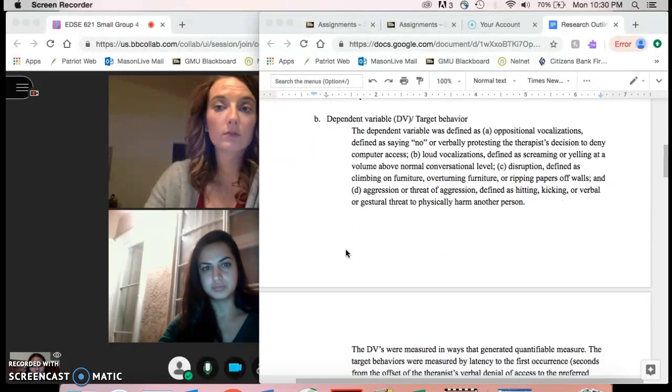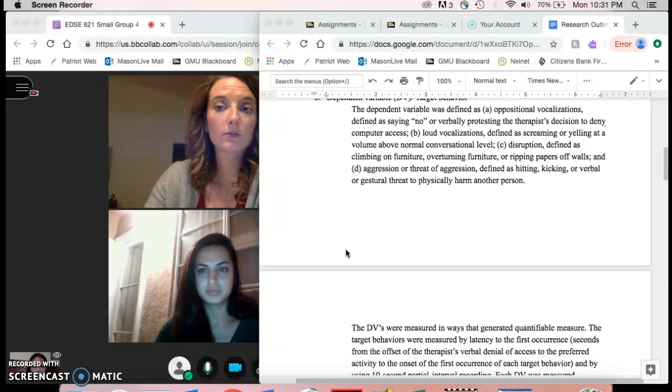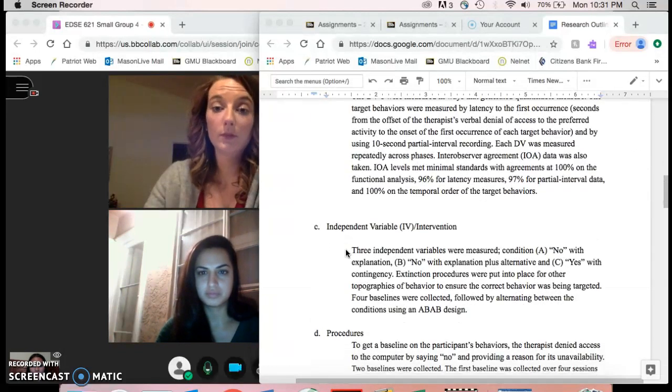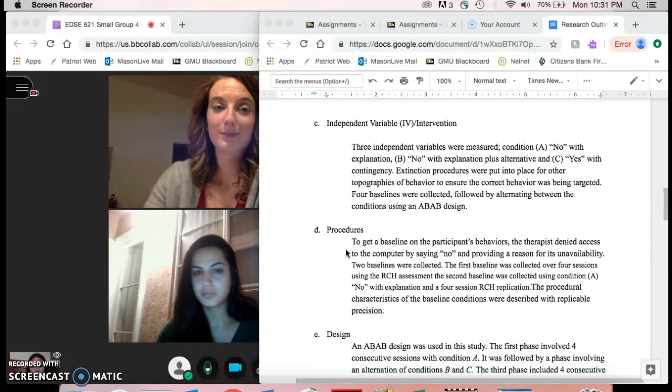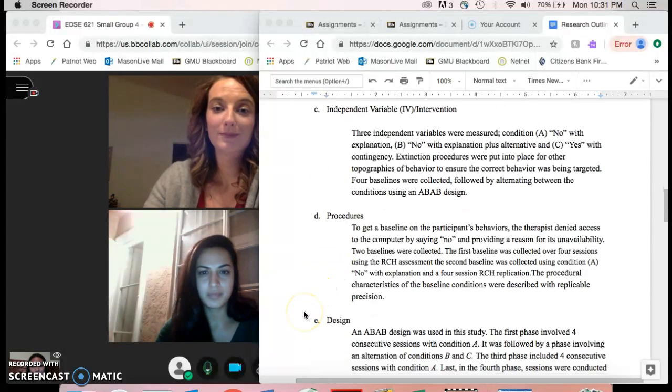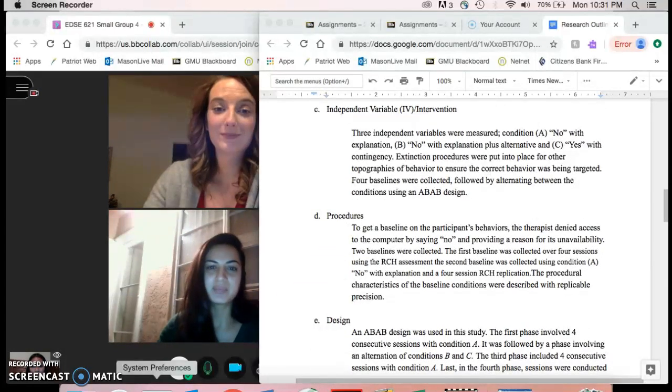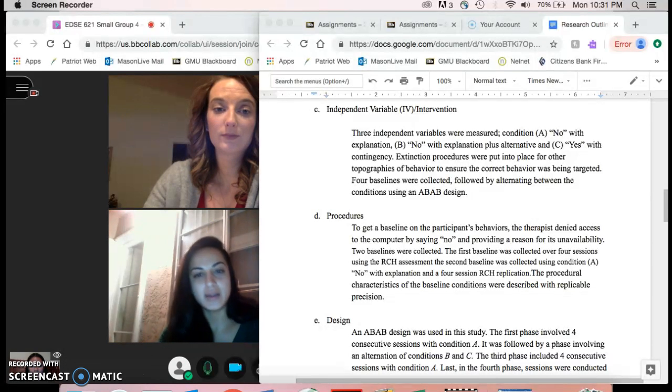The dependent variable involved the oppositional vocalizations, loud vocalizations, disruption, and aggression. The independent variable, there were 3 independent variables.